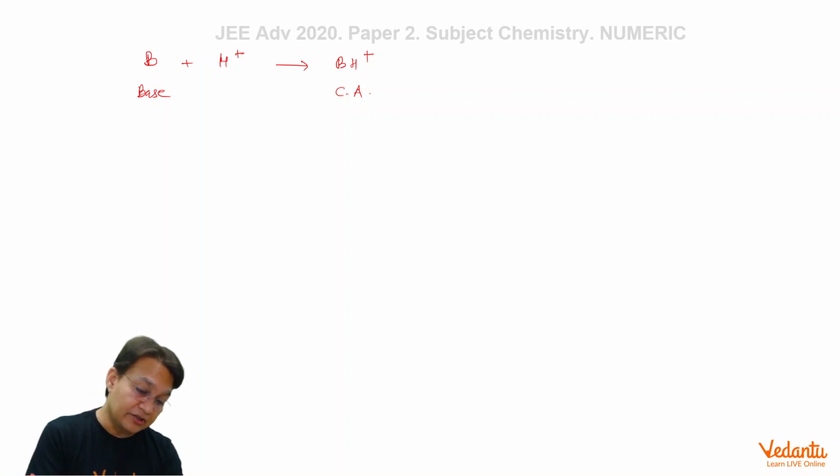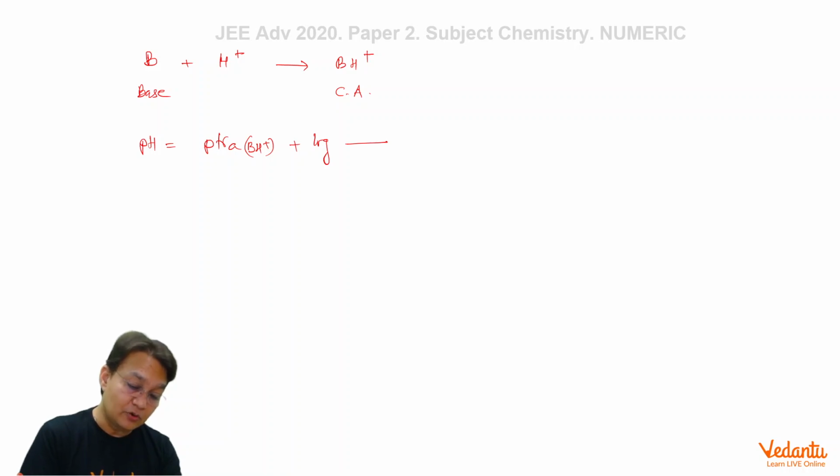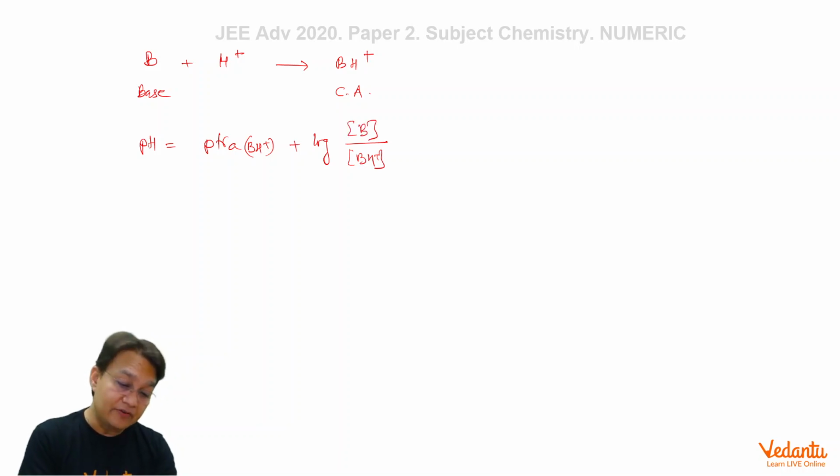Using the first equation, pH is equal to pKa of BH plus plus log of, in the denominator, the acid, which is the concentration of BH plus, and the salt, which is the concentration of B. At the half equivalence point, the concentrations are equal and log 1 is equal to 0.